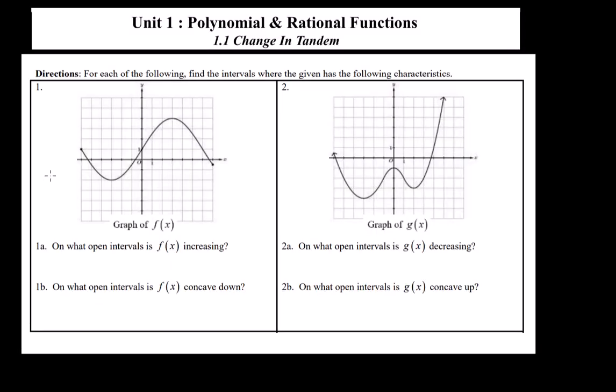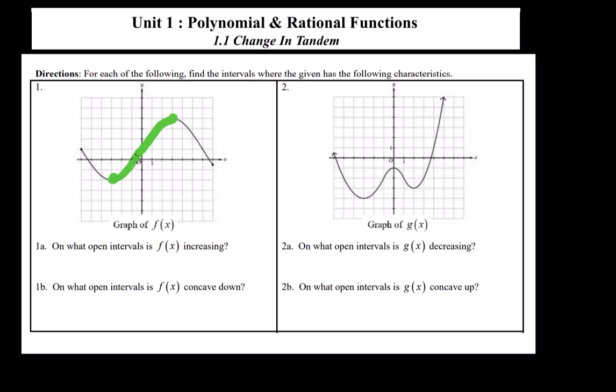Now we have a different graph, and we find concave up and concave down the same way that we did earlier, after we find increasing and decreasing. Let's label. If you can see here, we have 1, 2, 3, which is -3, and then 1, 2, 3. From -3 to 3 is increasing, and then it's decreasing.